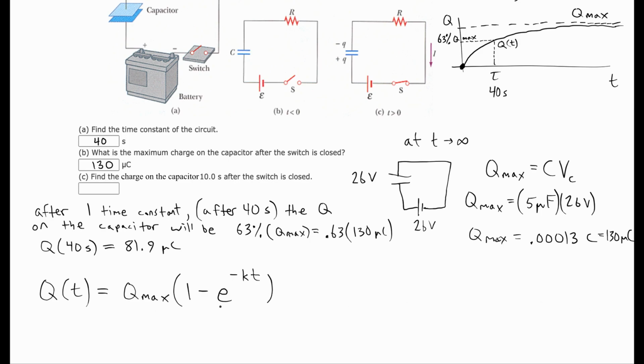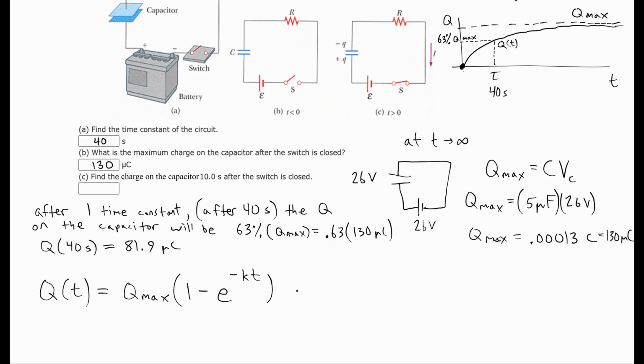This is just a general formula for when something exponentially approaches a limit, and that's what's happening with the charge up here. So all we have to do is figure out our Q max and plug that in, and we also have to figure out this constant k, which tells us about the growth rate of the function.